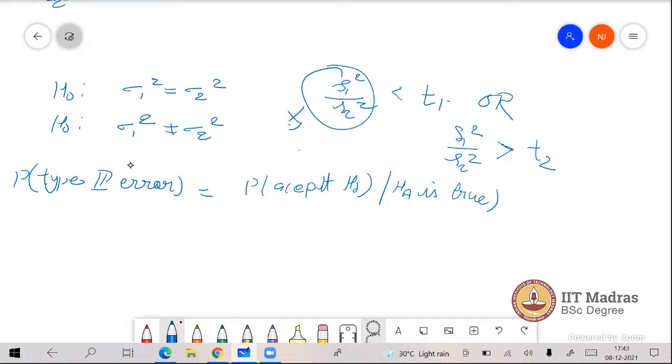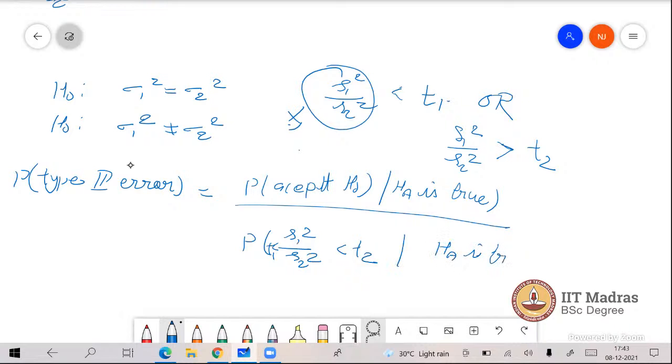Now my question is, can you find this probability? Accept H naught means that the probability is that S1 square upon S2 square lies in between T1 and T2, when H1 is true. Now what next?